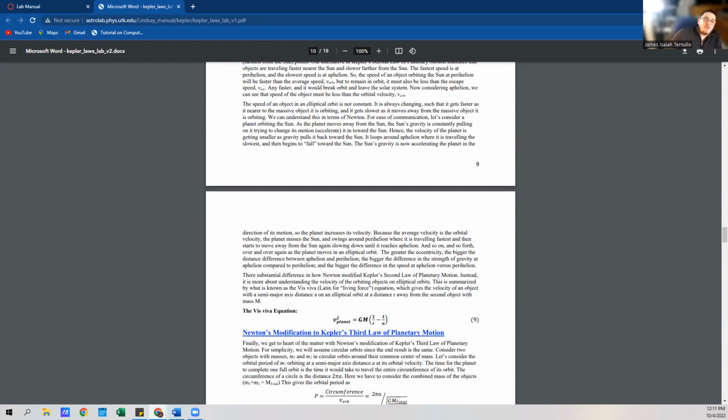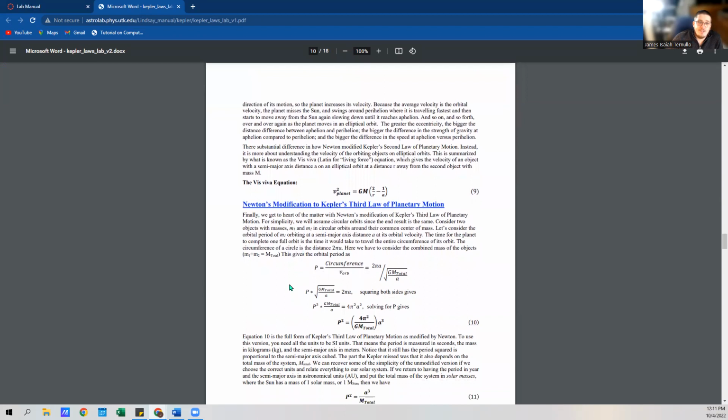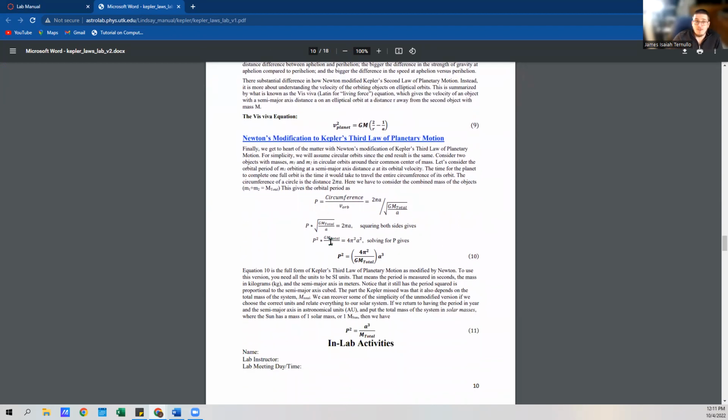All right, so moving along to Kepler's third law and Newton's modification to it. Having found and invented calculus and discovered universal gravitation, he saw that you could rewrite Kepler's third law in terms of units humans were used to on Earth, because Kepler had it to where you could only write it in AU and it could only be in years.